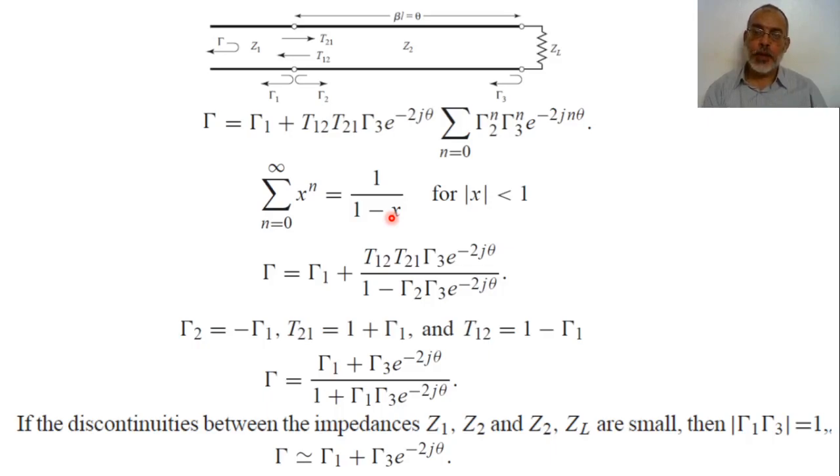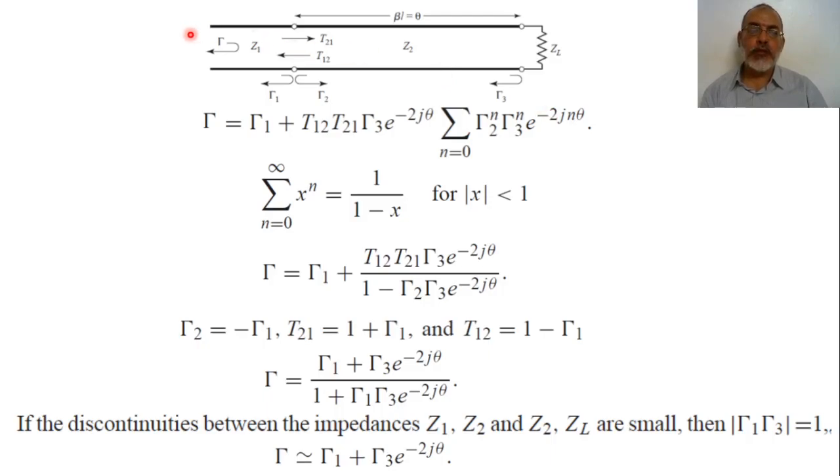So we can replace this summation by 1 over 1 minus gamma 2 gamma 3 e to the power minus j2 theta, assuming that x is gamma 2 gamma 3 e to the power minus j2 theta, and this term is x to the power n.